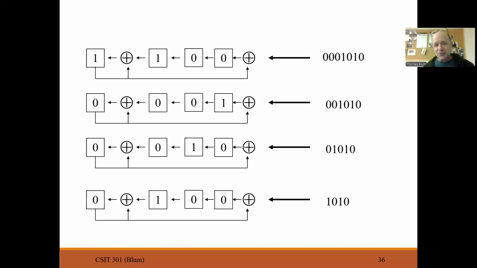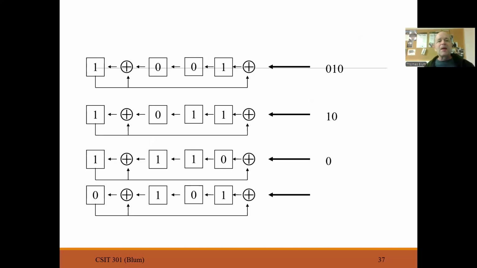So 0001 became 0010, became 0100, became 1001. Now it's interesting again because there's a 1 in the left-hand spot, and it is going to flip the 2 bits that come with the excluded ORs.